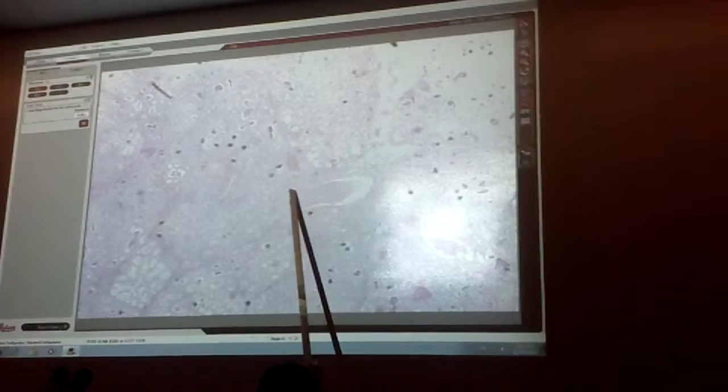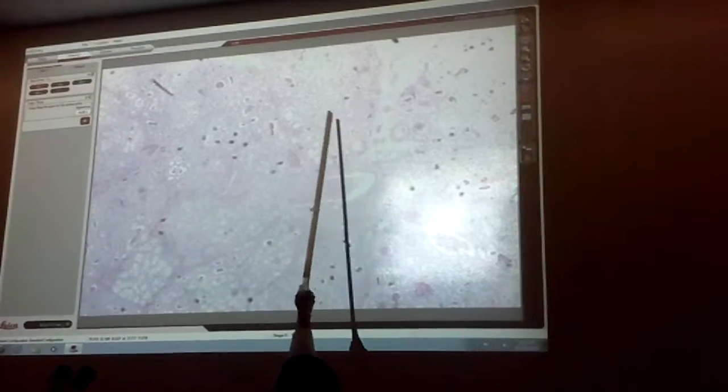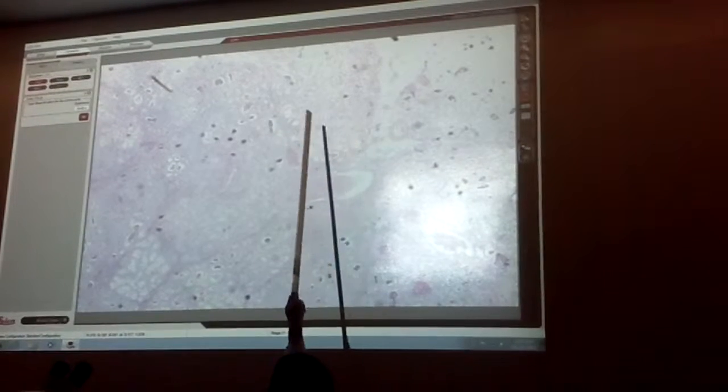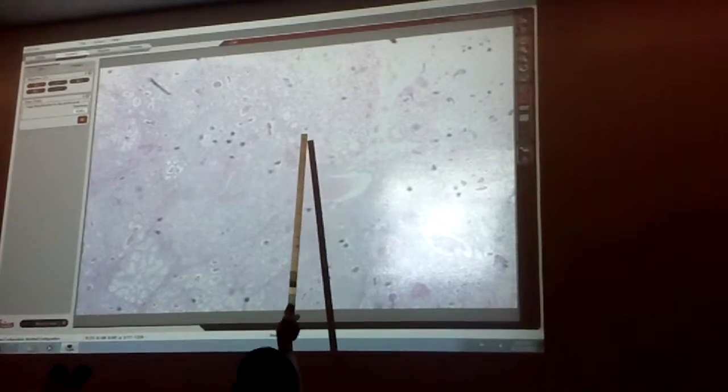All right, so this is, let's see, it's not very like slide. Okay, so here in the middle, this thing right here would be our lactiferous duct. This whole thing up here would be a lobule. Each of the little things inside would be glandular alveoli.